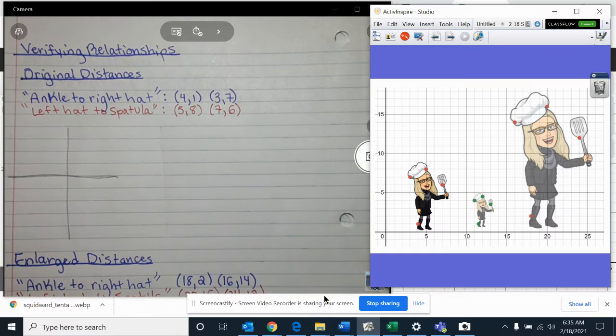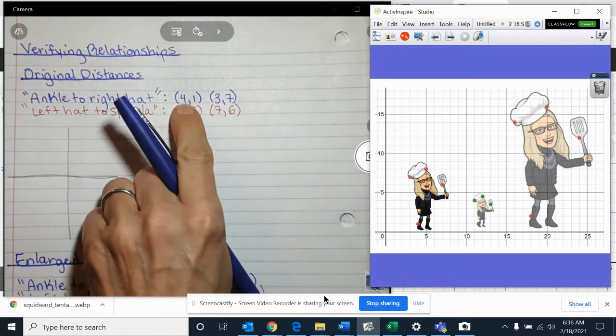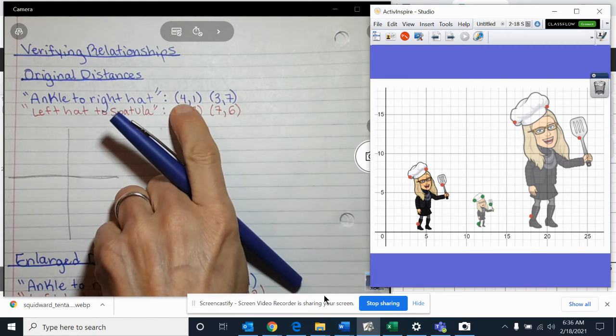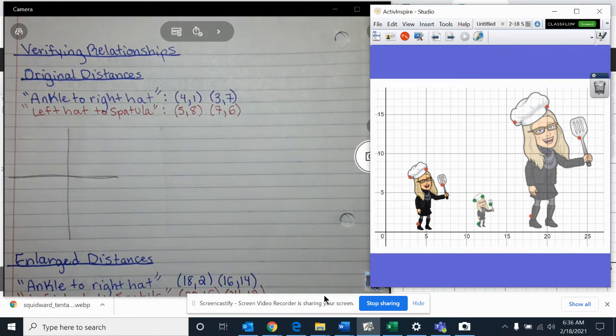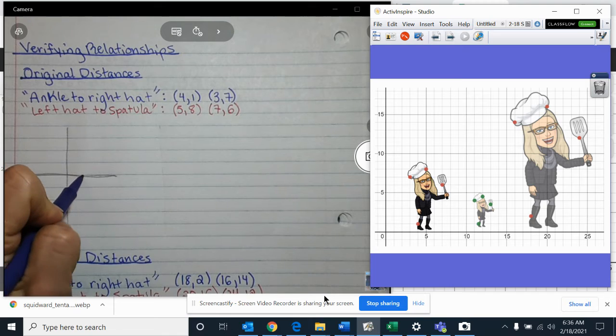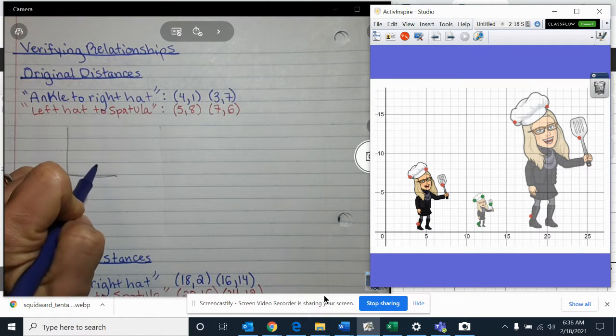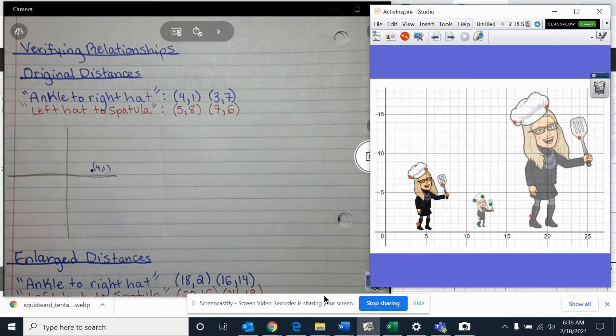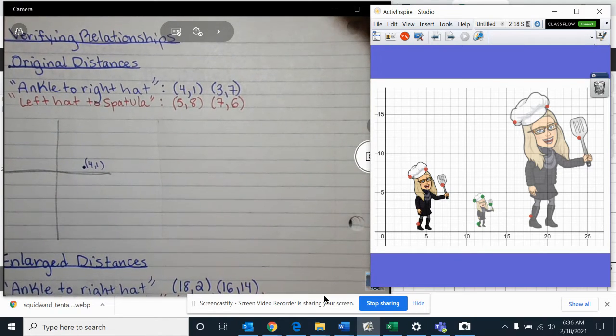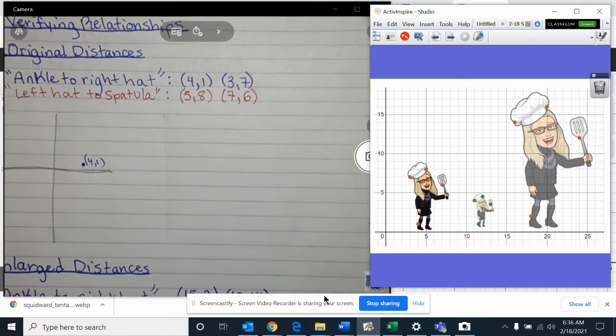So this first one, if we look at the original from the ankle to the hat, this is over 4 and up just a little bit. So this is 4, 1. I'm going to zoom in so you can see that graph.